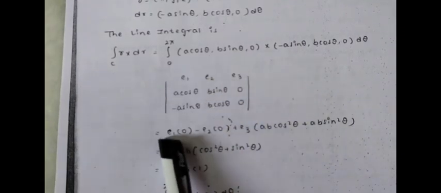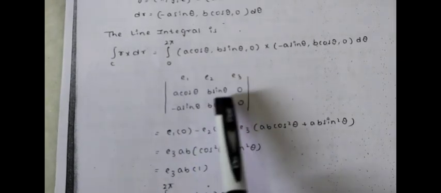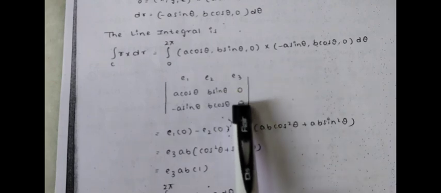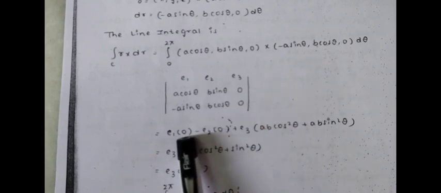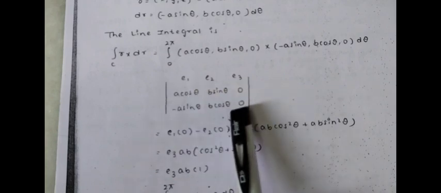First take e1 into the corresponding row and column cancelled, and take the determinant of this 2 cross 2 matrix, that is 0 minus 0, that is 0. Again alternate sign, minus e2 into the corresponding row and column eliminated, and take the determinant of this.